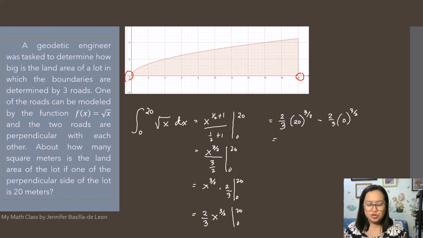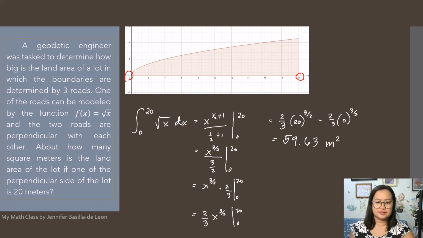So using our scientific calculator, we will have an area that is approximately equal to 59.63. Therefore, the lot is 59.63 square meters. I hope you were able to grasp our lesson for this day.